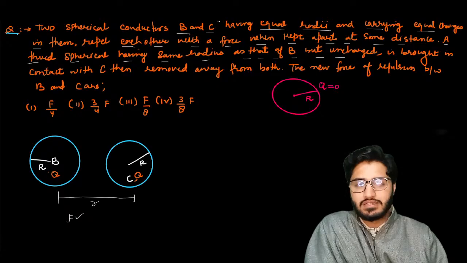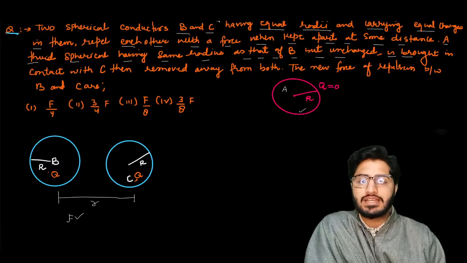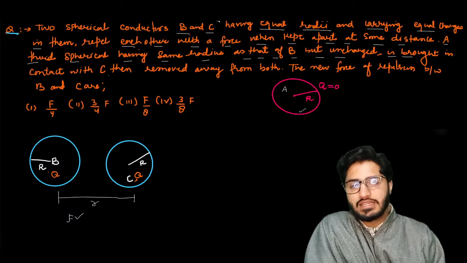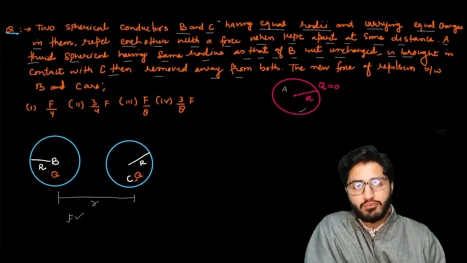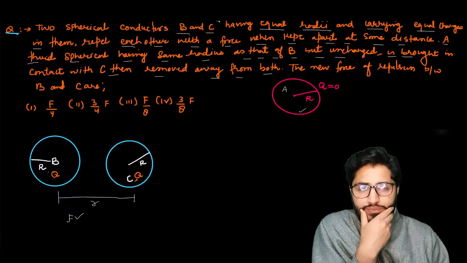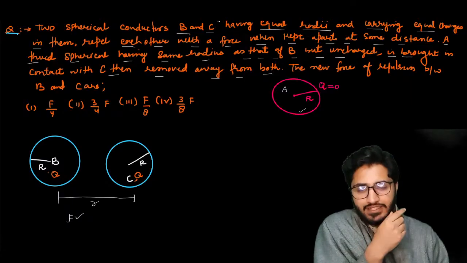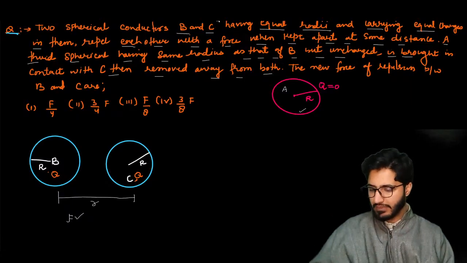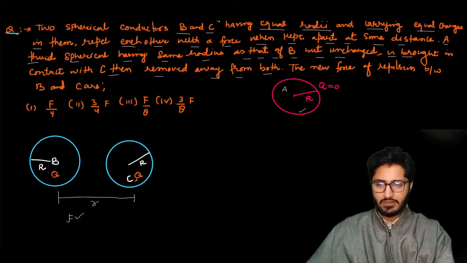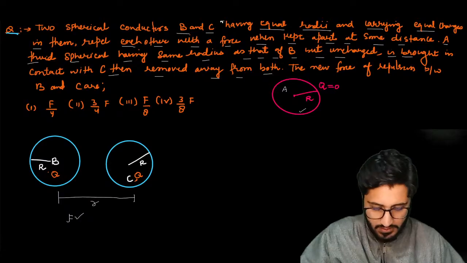Now let us suppose this body is A. This body A, which is uncharged, is brought in contact with B, then with C, then removed away from both, and we need the new force of repulsion between B and C. But I guess there is some sort of error in the numerical, so I will give you a way to solve it.